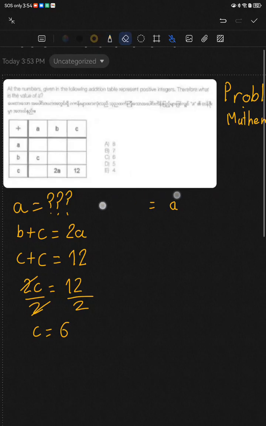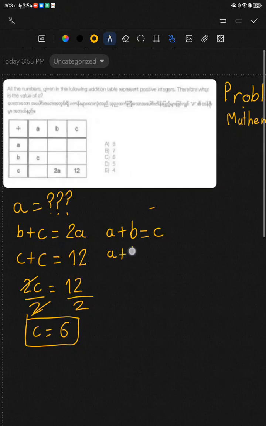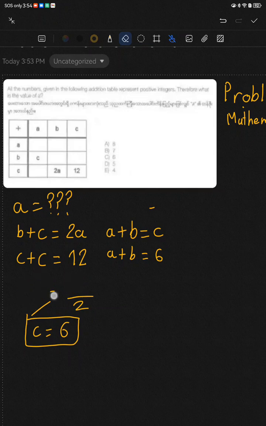Wait. Sorry. I also forgot to mention this equation here. a plus b equals c. But we know that c is equal to 6 here. So we can say a plus b equals 6. Let's clean up a little bit.